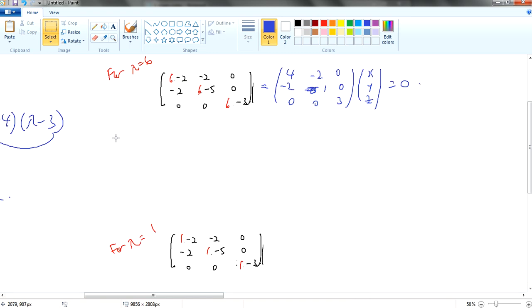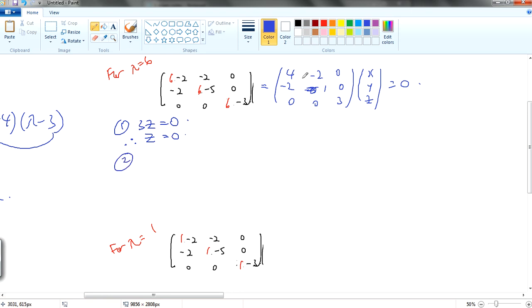Okay, so once you set this, you will eventually see that 0, 0, 3, 3z equals 0, okay, z equals 0, therefore z equals 0.